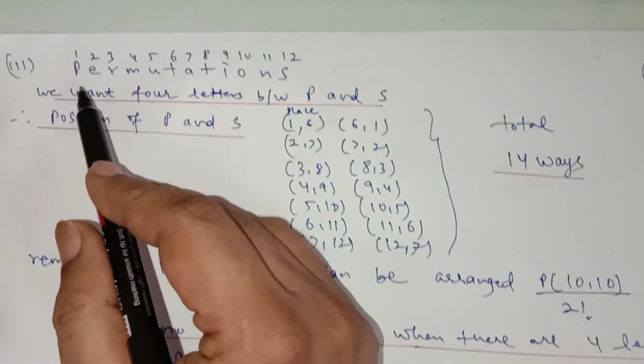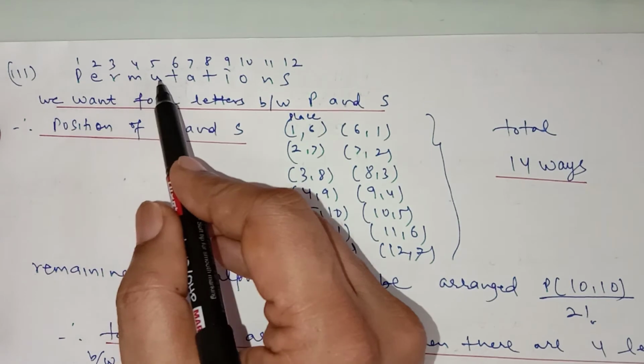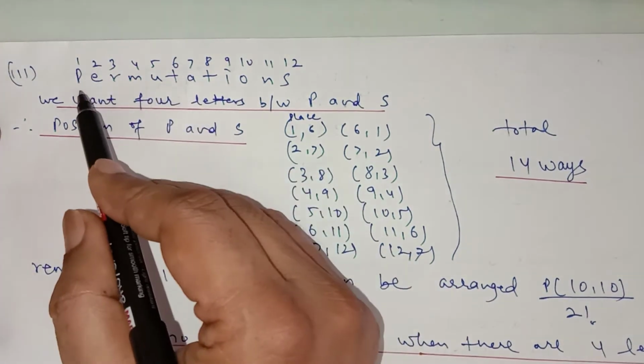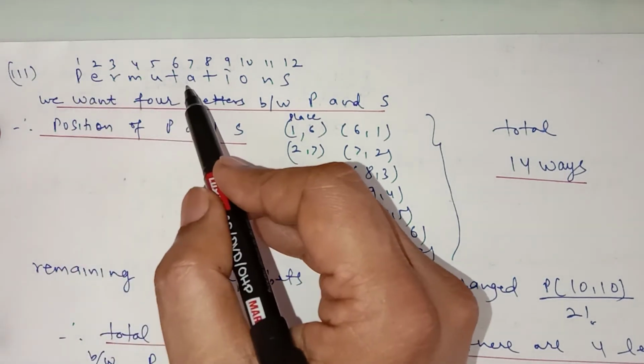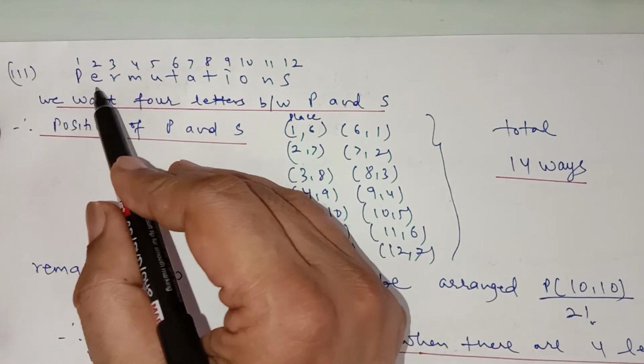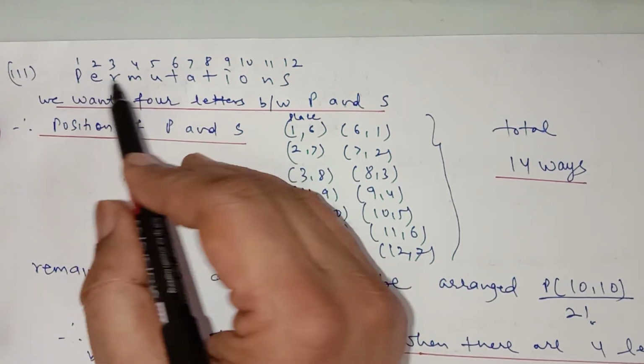Now if P is at the first place, then 1, 2, 3, 4 in between them there should be 4, then the position of S should be 6. That is, at the first place should be P, and at the sixth place there should be S. Then there will be 4 alphabets between the first place and the sixth place.